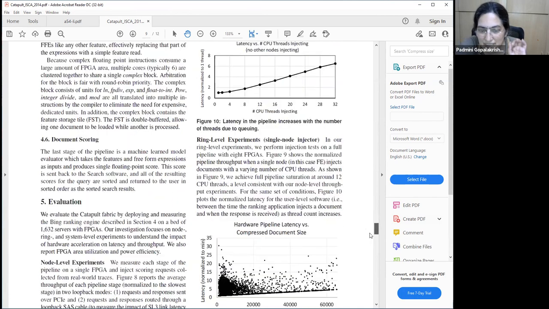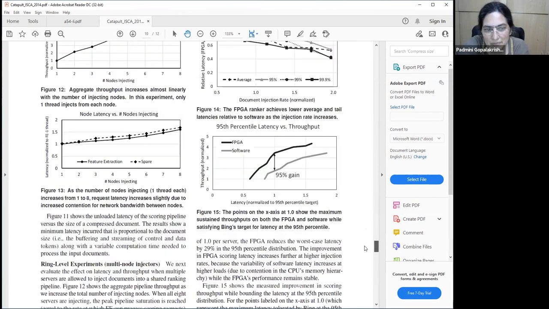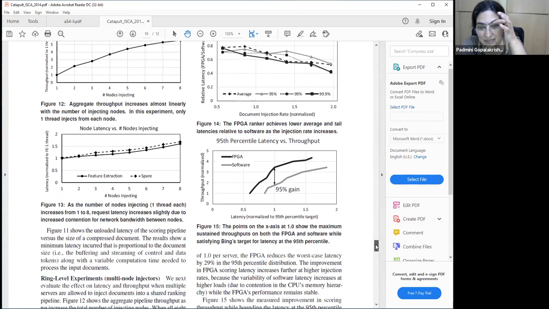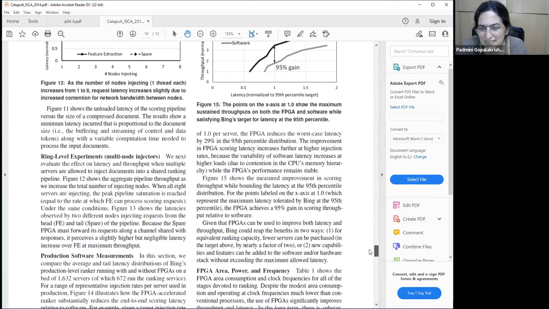They've looked at when you inject one document at a time, and when you inject multiple requests at a time. How does the latency vary with throughput? And they show that you are able to increase your aggregate throughput and at the same time reduce the tail latency as you keep increasing the average rate. So they have some numbers here.